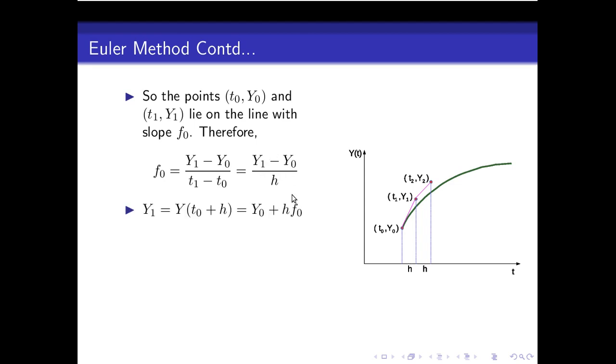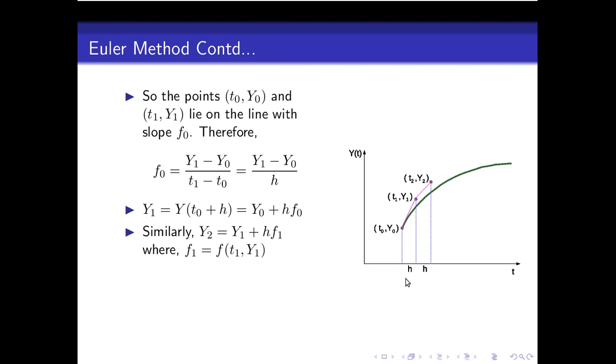And this brings us immediately to the solution. Just rearranging this equation, we get y1 equal to y0 plus h times f0. So we call y1 as y(t0 plus h). This is the increment of t, so this is t1, which is t0 plus h.